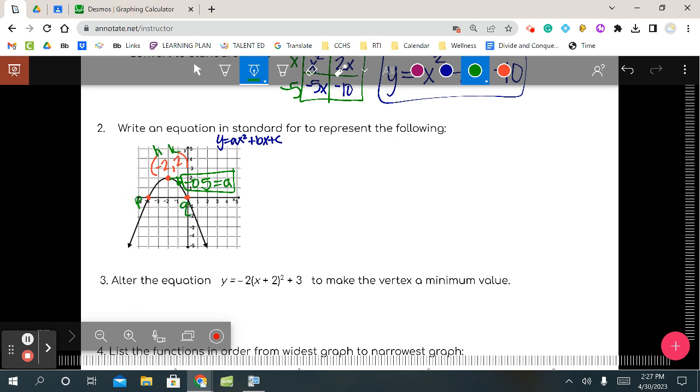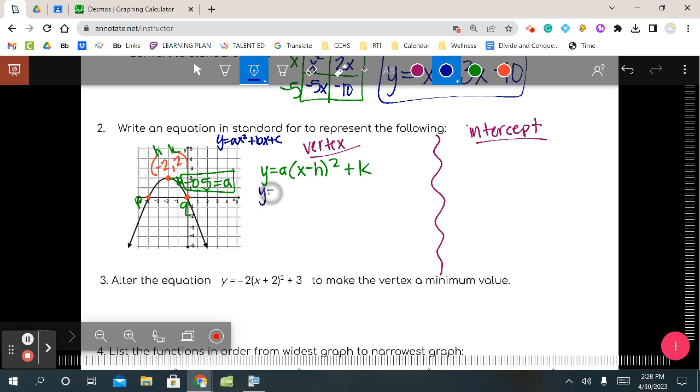So now we can plug stuff in. I'm going to do vertex here, and then I'm going to do intercept over here. Okay, vertex is y equals a, x minus h squared plus my k. So I'm going to plug in my a, which is negative 0.5.